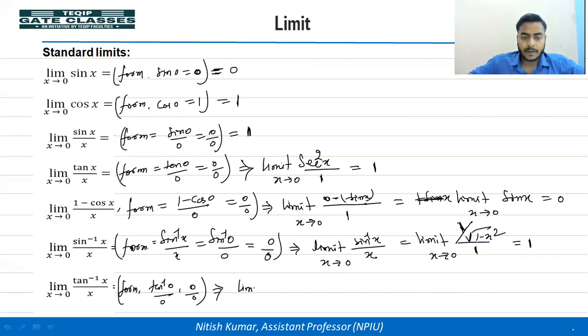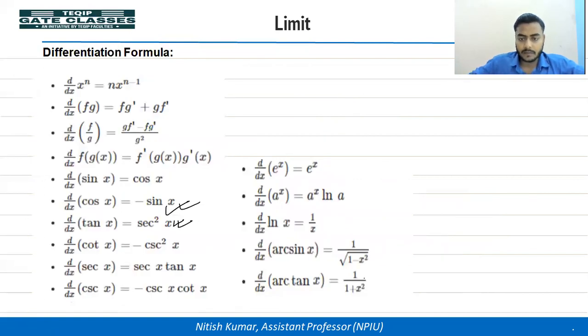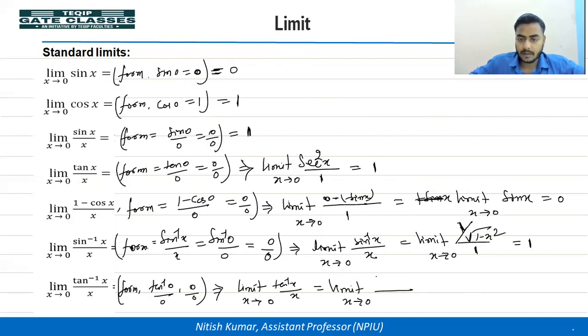So the limit of tan inverse x divided by x when x tends to 0 will be equal to the limit of, tan inverse का differentiation क्या होता है, here 1 by 1 plus x square, and here this one is 1. Put x equal to 0, we are getting 1.